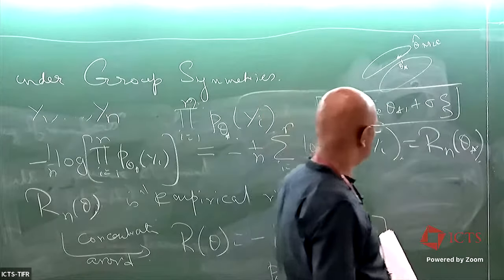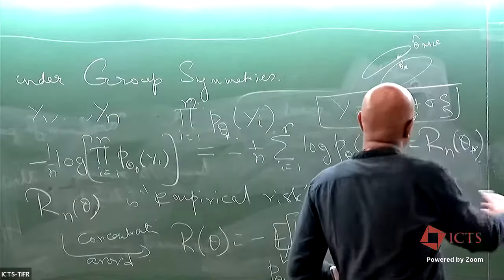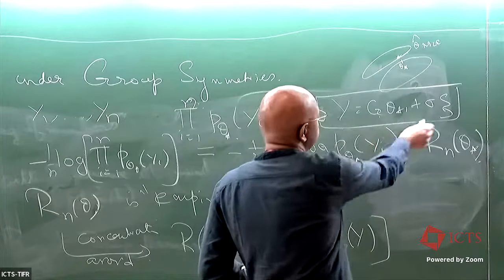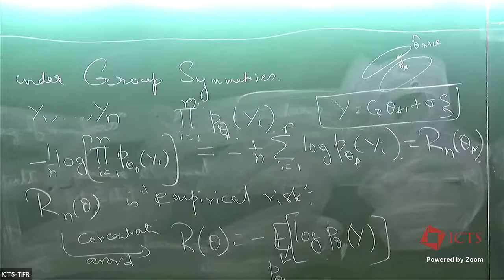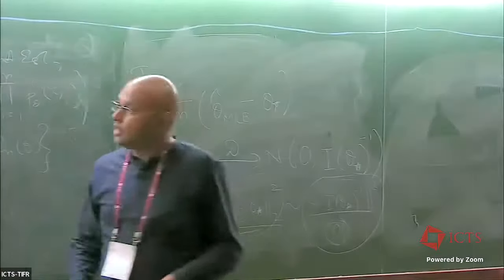G is uniform from the group G, and xi is standard normal in p dimensions. Then what is the behavior of the inverse Hessian of the risk near theta star?